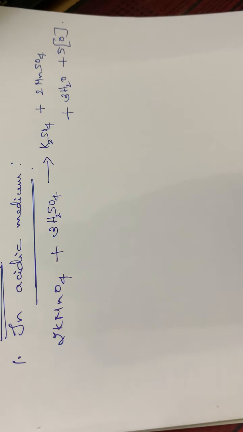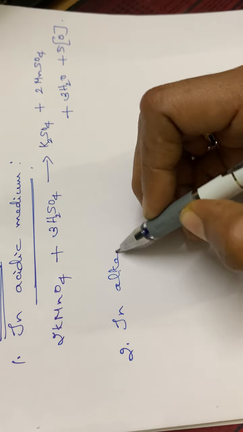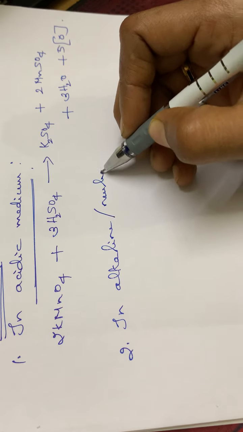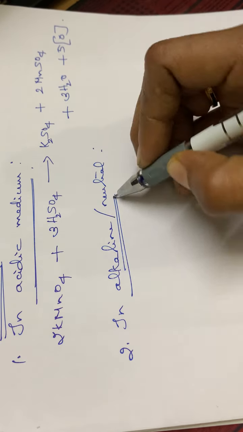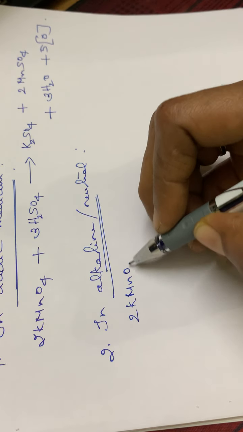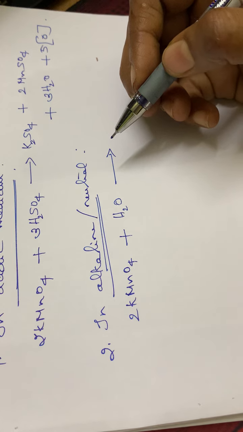Then the second one, in alkaline or neutral medium. 2 KMnO4 plus H2O. That means we are writing the reaction in a neutral medium.